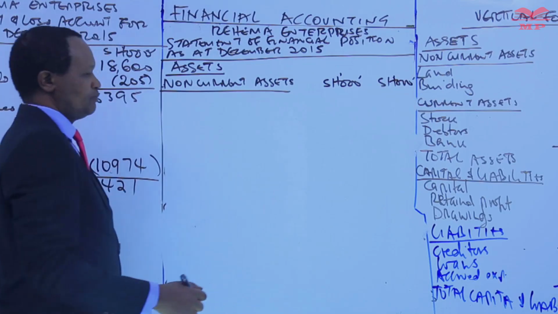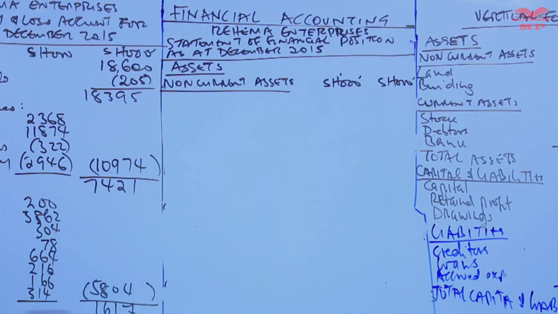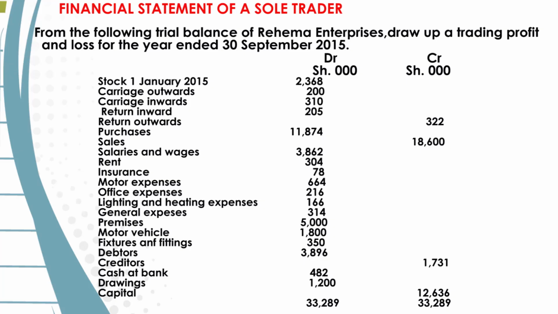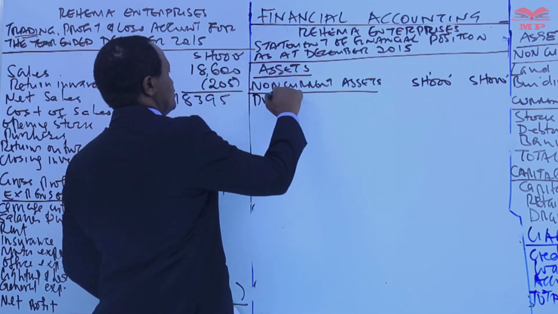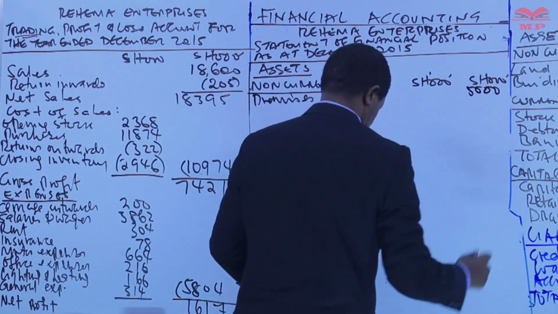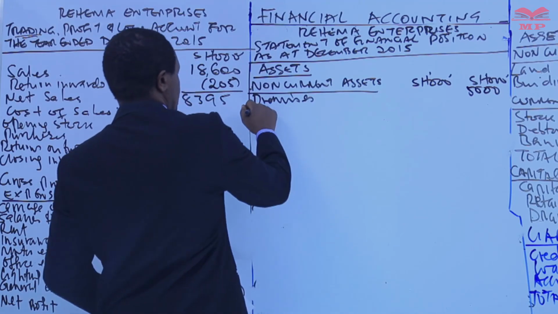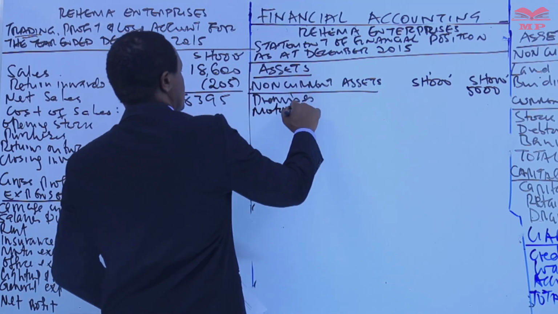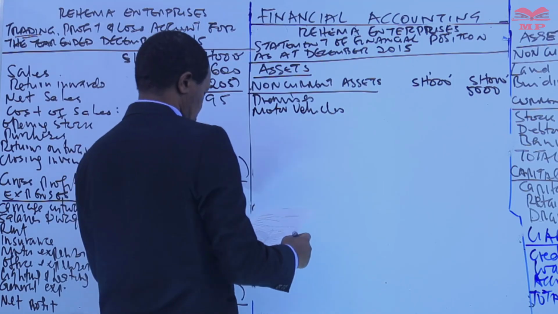Now, can you help me identify the non-current assets from the trial balance? Premises, do you have premises? Yes, premises is 5 million. Premises, 5 million, followed by motor vehicles, 1.8 million.